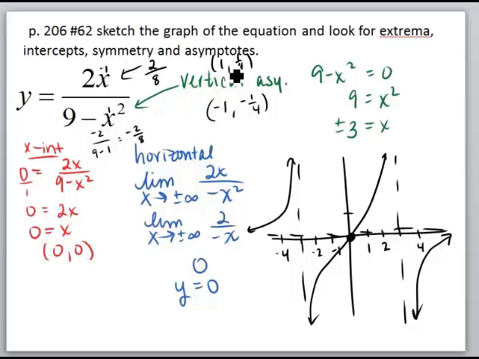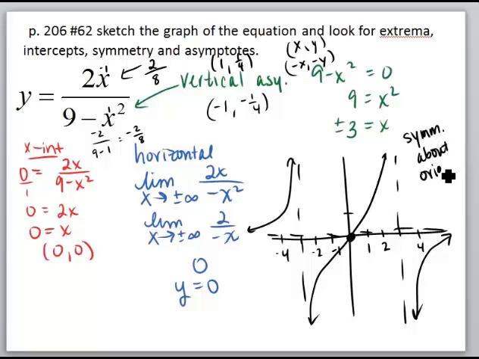So because the x comma y and the negative x comma negative y, both of those are ordered pairs of the graph, this is symmetric about the origin. That's probably one of the hardest symmetries to find, but typically if it goes through 0, 0, it will be symmetric about the origin or symmetric about something.